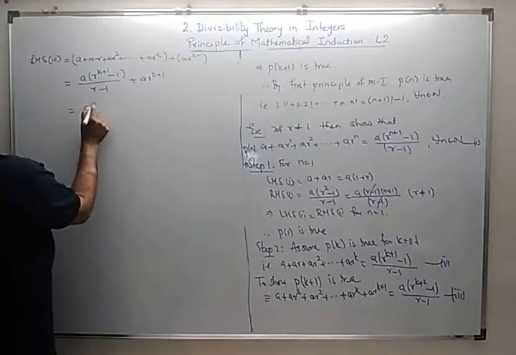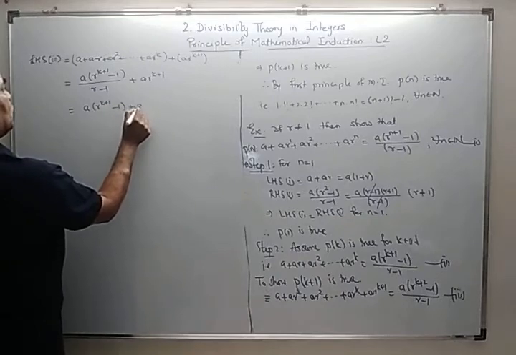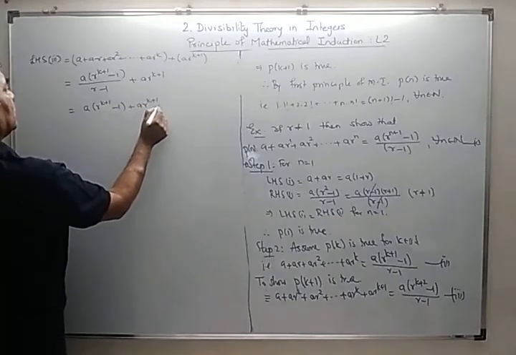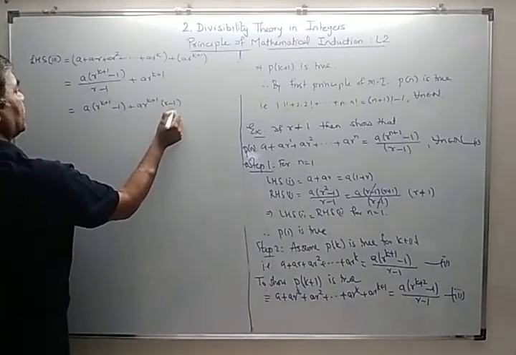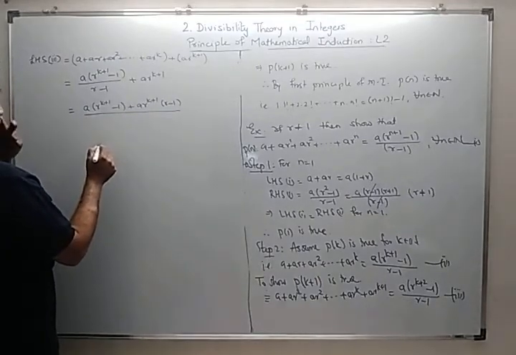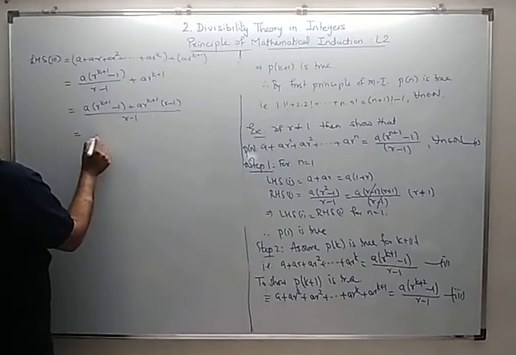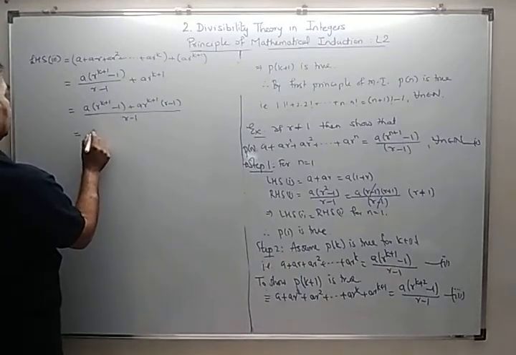which is a into r raised to k plus 1 minus 1 plus a into r raised to k plus 1 into r minus 1 upon r minus 1. We'll take a outside.